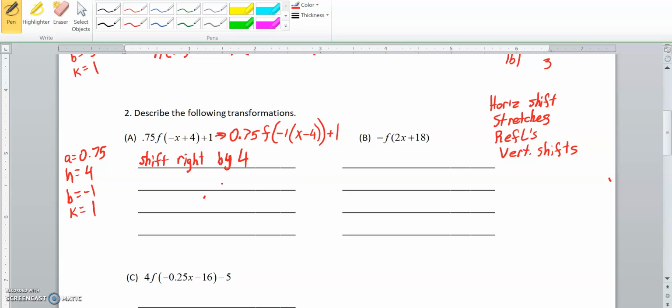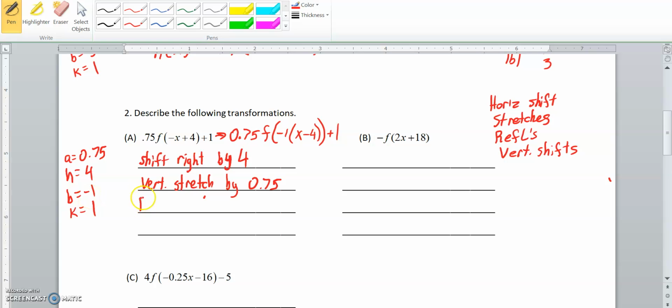Our stretches, do we have any A's or B's? Yes. We have a vertical stretch by a factor of, or for my case, just vertical stretch by 0.5. We do have a B value with 1, so our stretch is by factor of 1, so we won't say that.